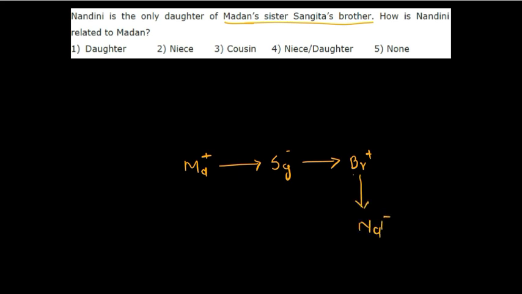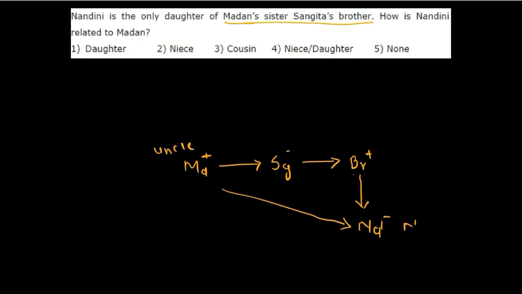So how is Nandini related to Madan? We have to find the relationship between these two persons. We have been given the situation of Sangita's brother. Here I am assuming she has two brothers. In that case, the relationship between these two persons would be uncle and niece.